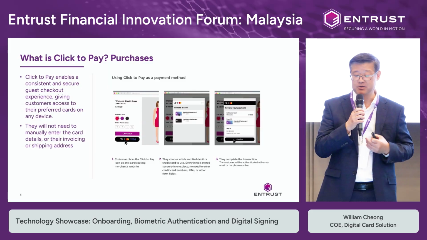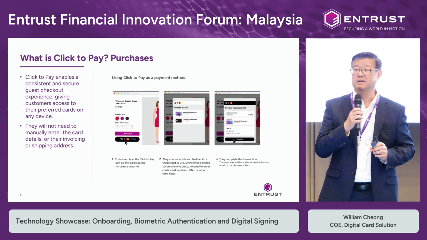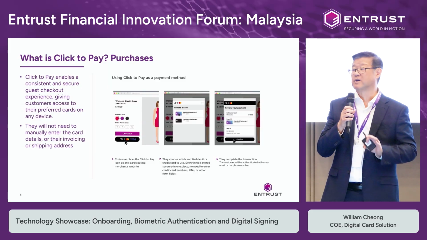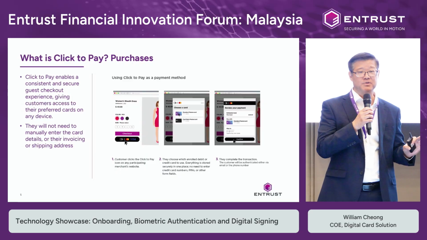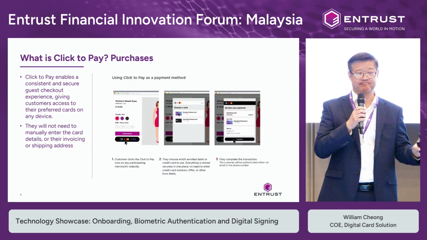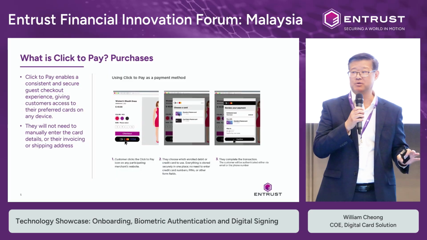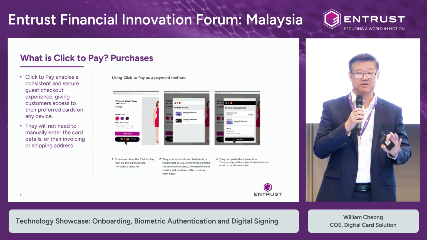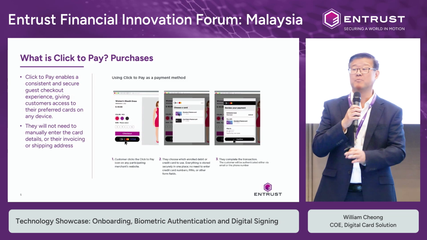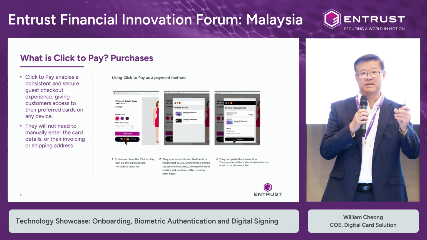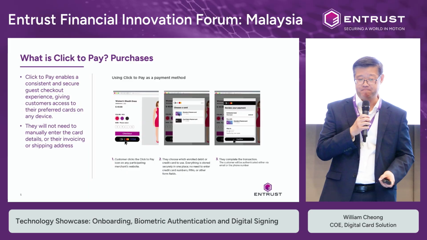All I need to do is select click-to-pay, and if I've only enrolled one card, that card becomes default, of course, and then you confirm, done. In combination with biometric authentication, there's no more 3D secure SMS, OTP, and all of that. It makes it a lot more seamless and almost as close as your mobile tap and pay.